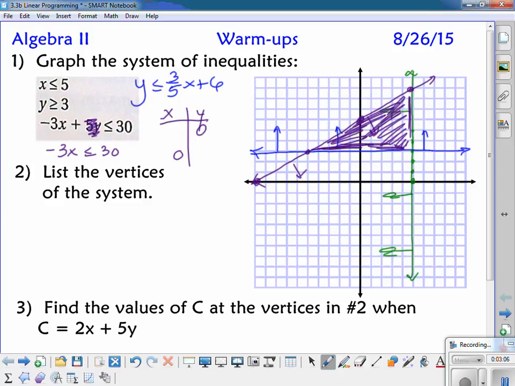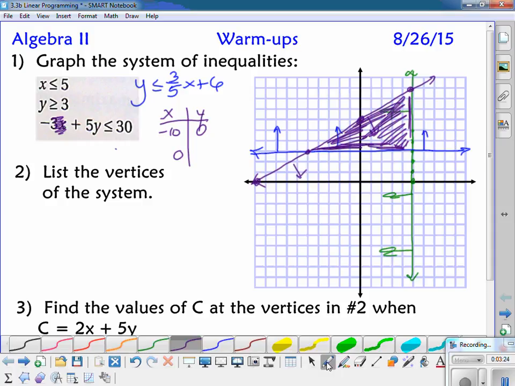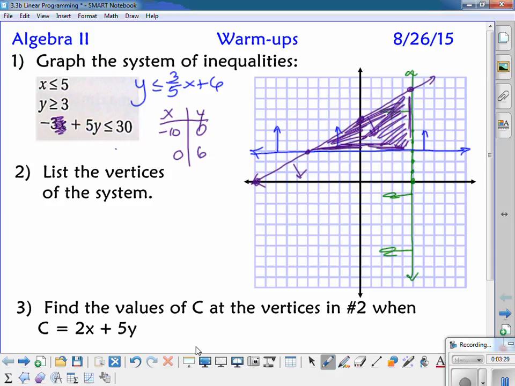What do you get? Yeah, negative 10. Okay, now you do the same thing with your x. You make x equal to 0. So what's y going to be? So then you would just plot the 6. So you would plot the 6 and the negative 10 and draw the line that way. Okay? So that's how you graph with intercepts.